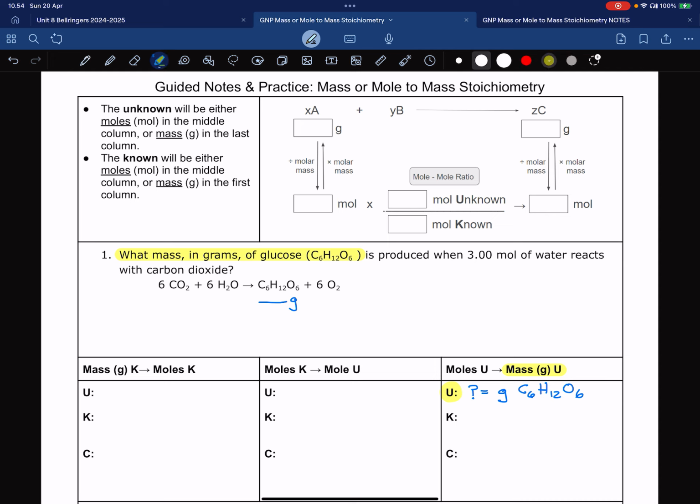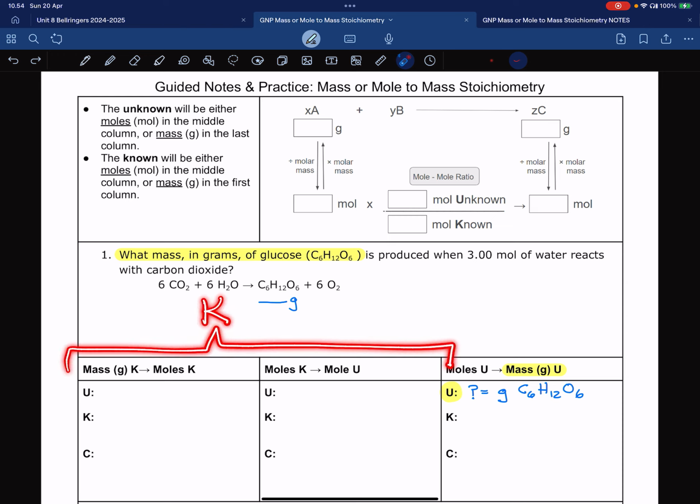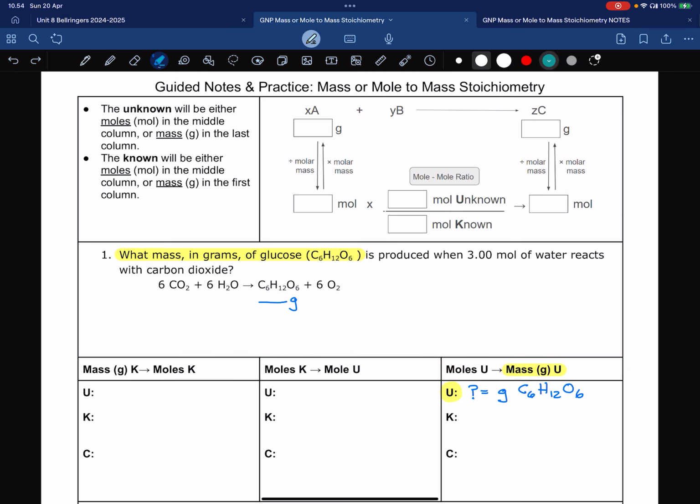Continue to read the problem to find the known, because the known is always going to be in the first 2 boxes. You identify the known there, whereas the unknown you identify in the second 2 boxes, which we already did. So when 3 moles of water, there is our known.